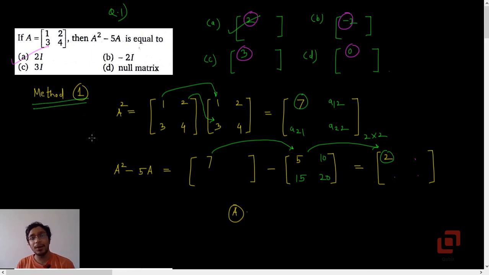Now I'm going to tell you another method, which is based on a theorem that is not part of your syllabus, but you will definitely study it in a subject called linear algebra, a very important topic in engineering mathematics, perhaps as equally important as calculus. So let's go to that method.